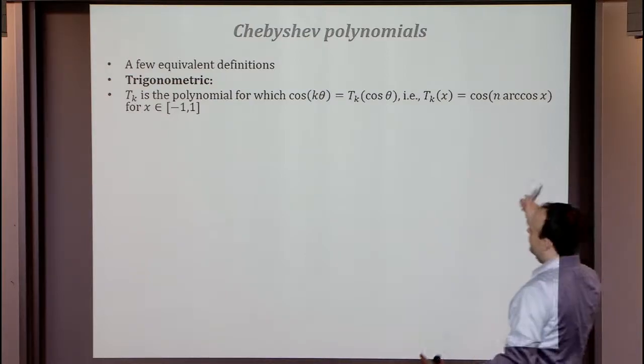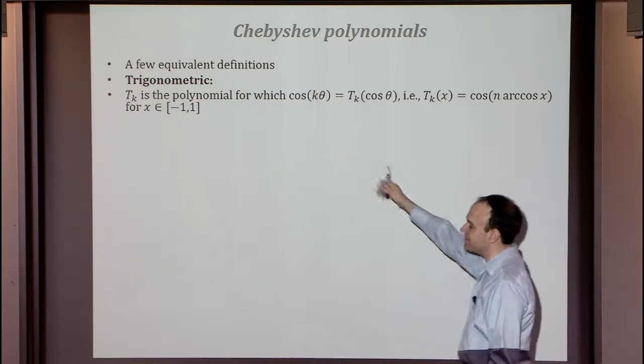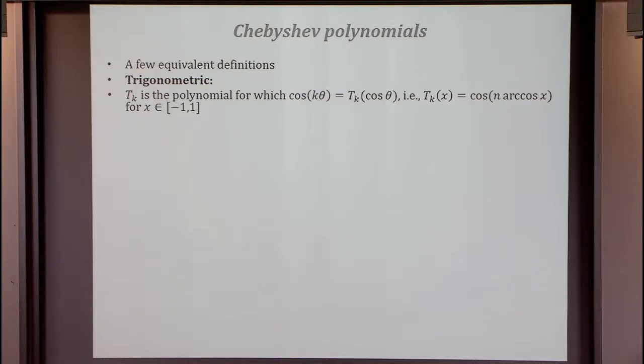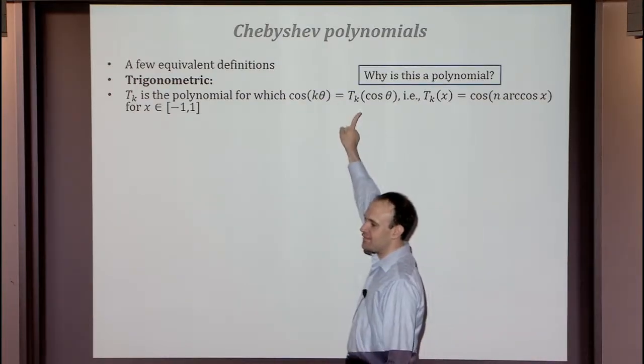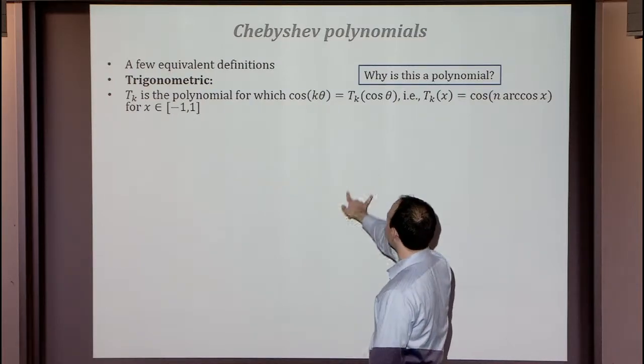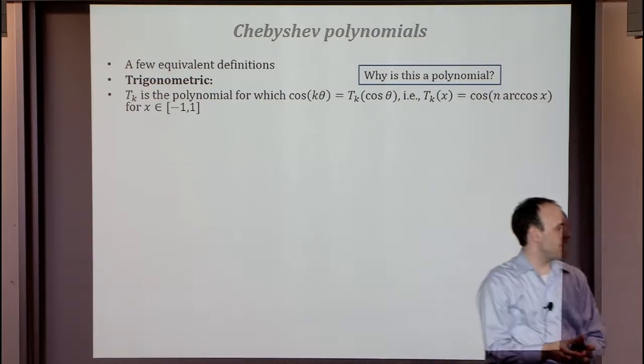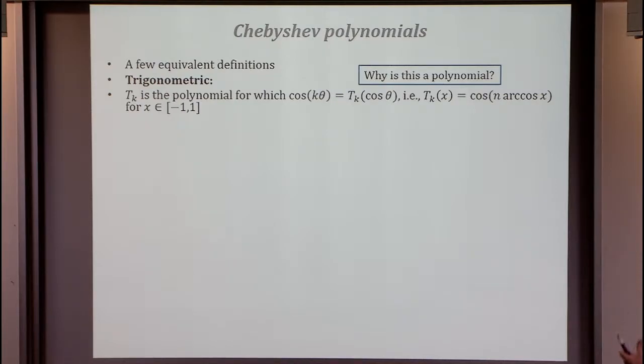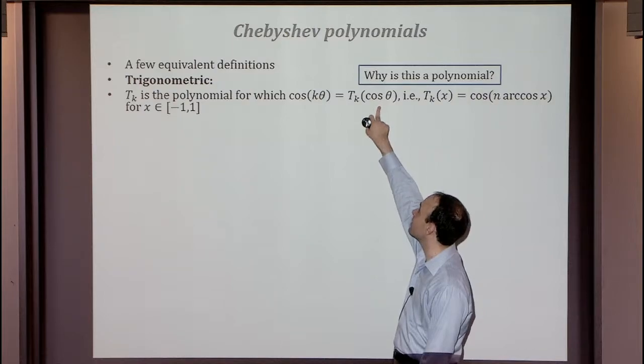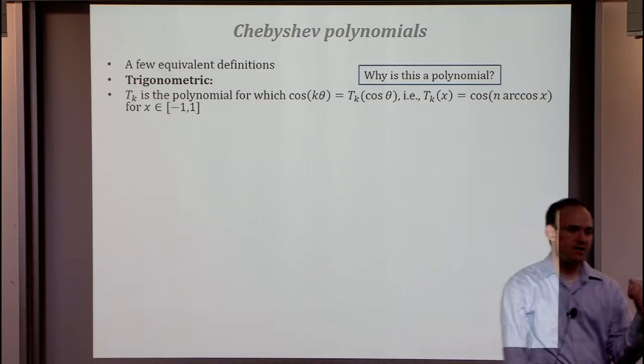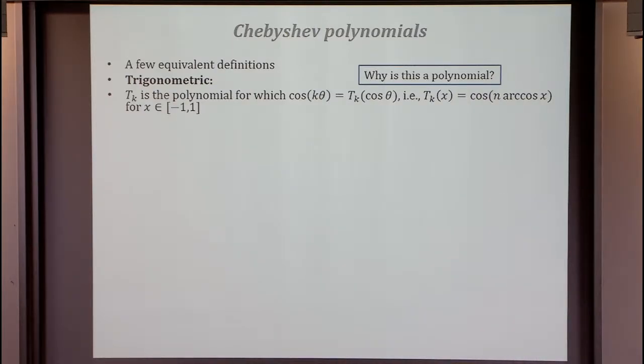The definition that I think is the cleanest to work with in a lot of these cases is to think of T_k as the polynomial for which the following holds. I should note that this is not obviously a polynomial. So I'll look at cosine of k theta, and then I'm going to assert that that's a polynomial in cosine theta, and the Chebyshev polynomial is the polynomial with that property. So it's the polynomial such that this holds.